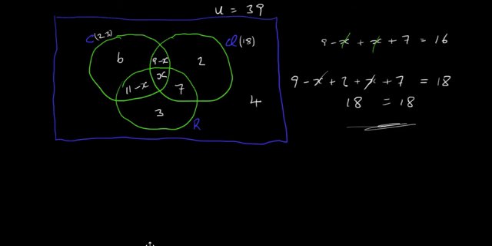So let's see, does it? These 4 sections here should add up to 23. So we have 23 should be equal to 6 plus 9 minus x plus x plus 11 minus x. So what do we end up with? That gives us 23 is equal to 9 and 6, 15. 15 plus 11, 26.